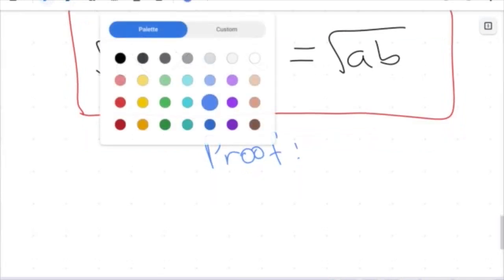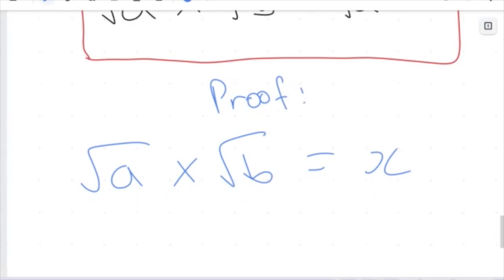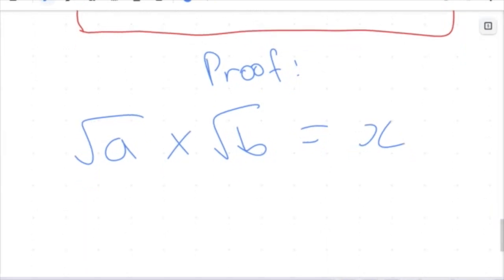So, if I take the square root of a number multiplied by another number, it's going to give me some answer. I don't care what that's going to be. Let's call that x. So I square root any number a, I multiply by the square root of any number b, and I get some answer x. Don't worry about what x is, it's just an answer, right?